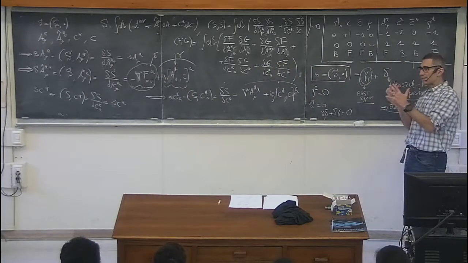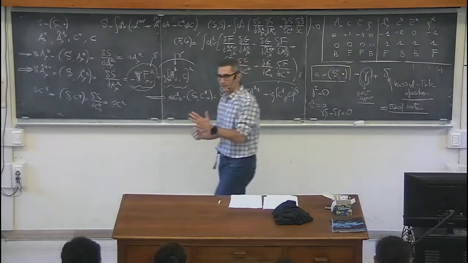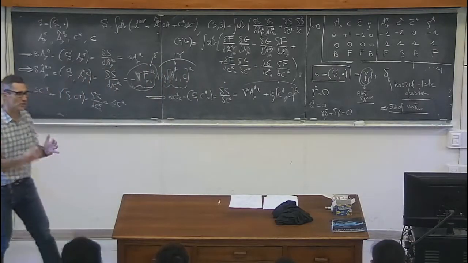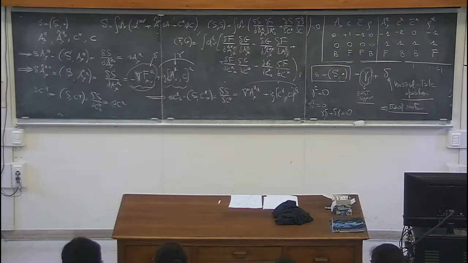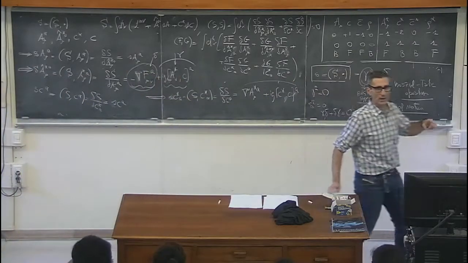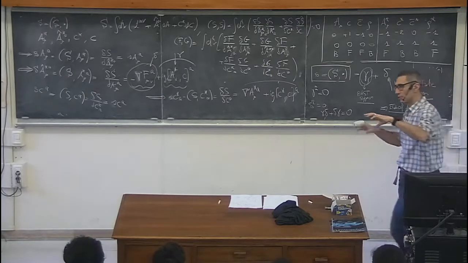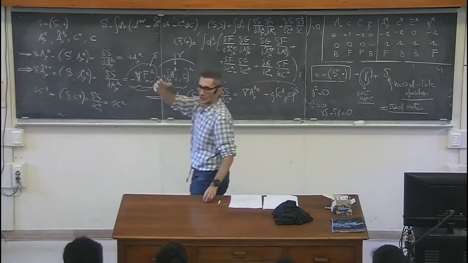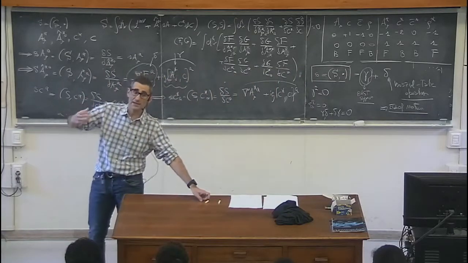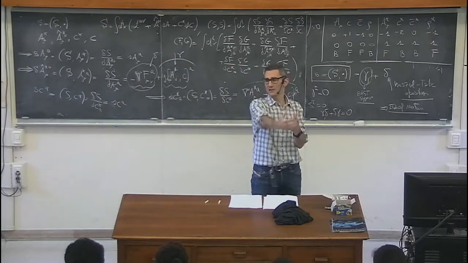So in the Slavnov-Taylor identity, or in the master equation, it contains not only the symmetry but also the equation of motion of the theory. So it has the full knowledge of the gauge symmetry and the equation of motion. This is the reason why last week Nathan Berkovits was discussing, for example, the cohomology of the BRST operators for superstrings, and at some point he was showing that the equation of motion for the vertex operator also emerges, which translates into equations of motion of the gauge field representing such vertex operators.